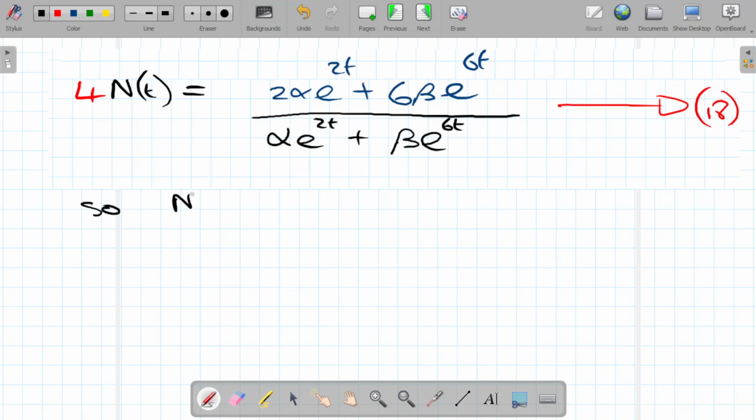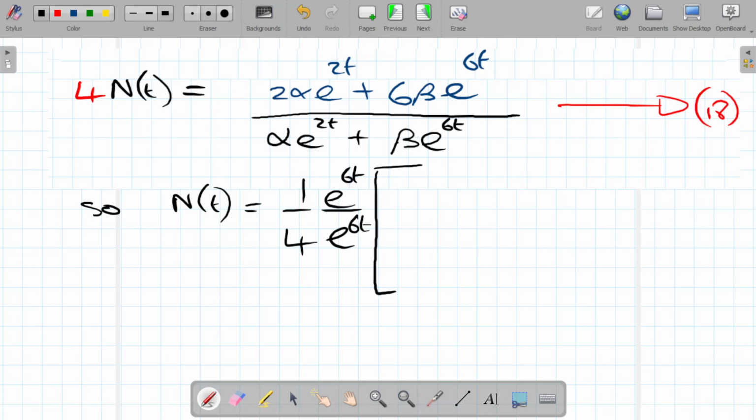So n of t is equal to 1/4 times, I'm going to put big brackets in because I'm going to start factoring out some of these e terms. I'm going to take out the e to the 6t term on both the top and the bottom. So we'll have 1/4 times e to the 6t over e to the 6t.